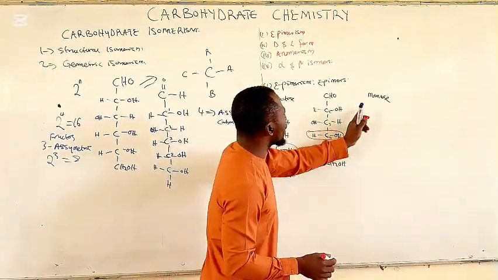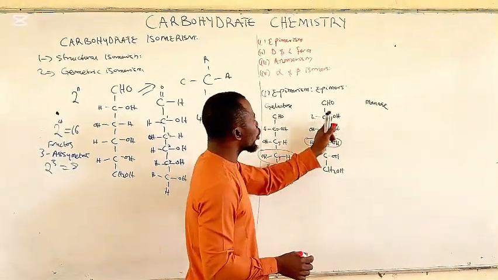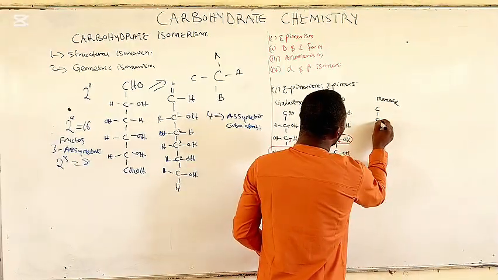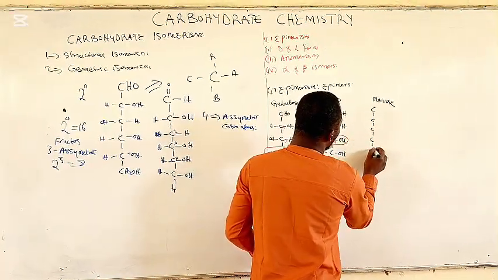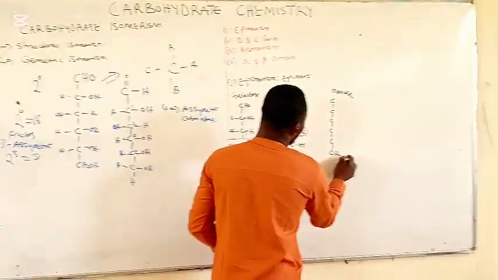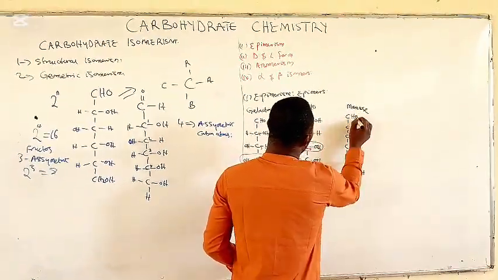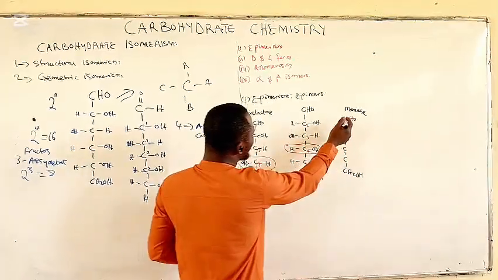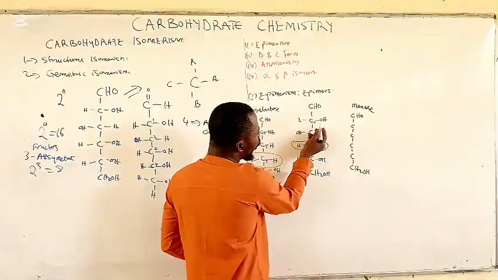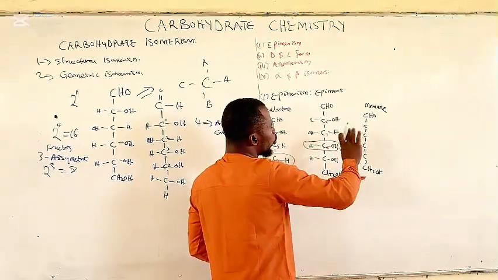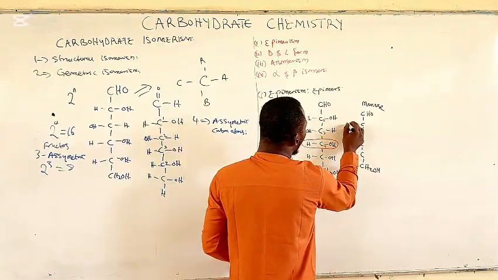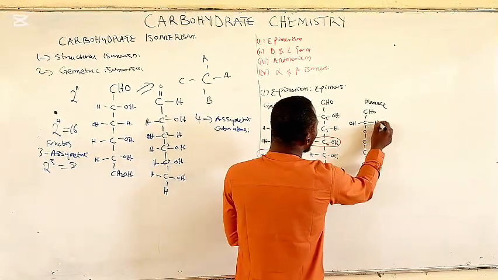Likewise, mannose is an epimer of glucose at carbon 2. So now let's draw the structure of mannose: carbons 1, 2, 3, 4, 5, 6. Mannose differs from glucose at carbon 2. In glucose, the OH at carbon 2 is directed to the right, so for mannose the OH will change its position to the left, while the hydrogen will be to the right.